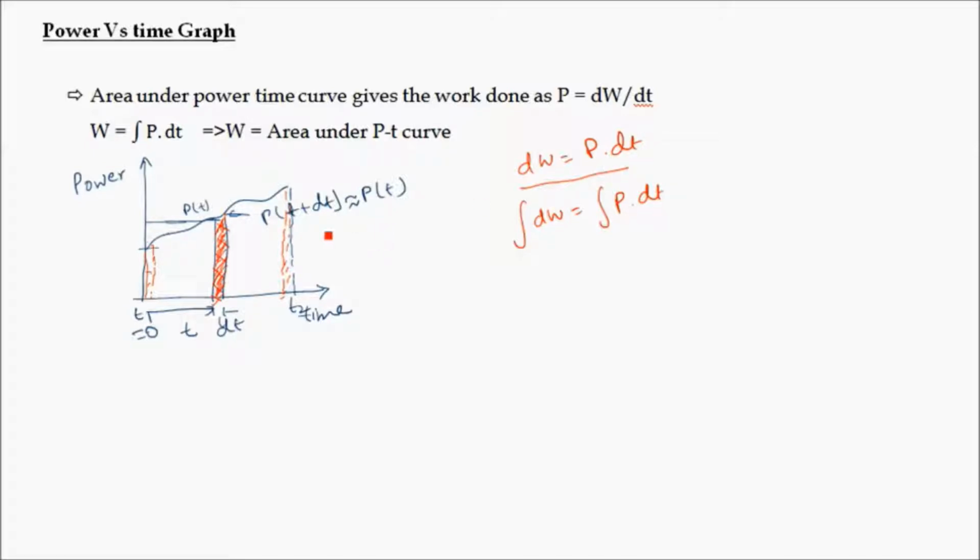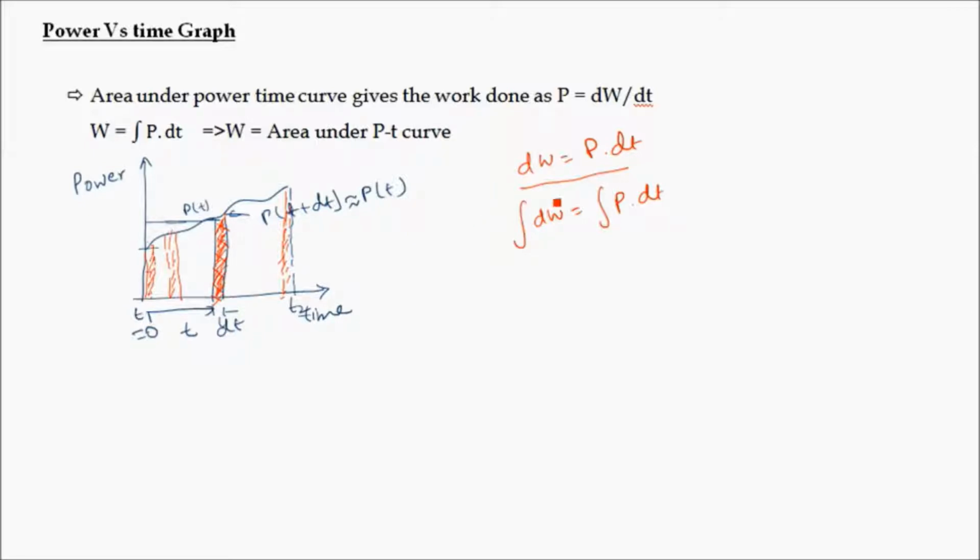Now if you integrate such small areas, it means we are just adding up all such small areas. If you add up all such small stripes, then eventually you will get the whole area.